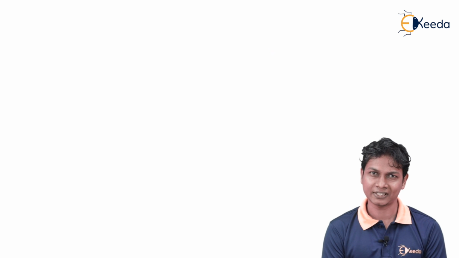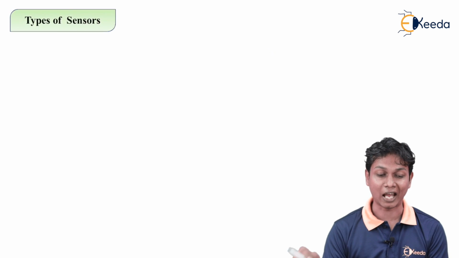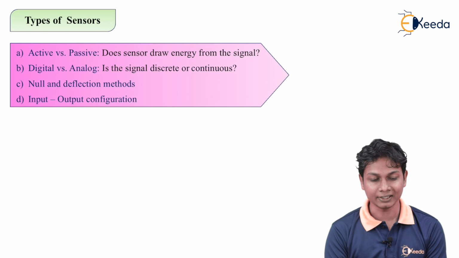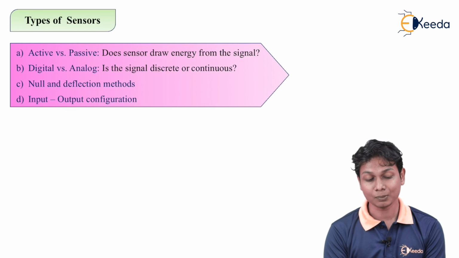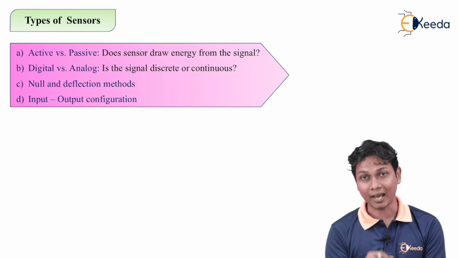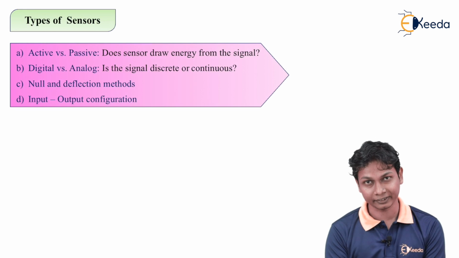Now, the types of sensors depend upon those characteristics. We have already seen the characteristics of a sensor, and now it is time to see the types of a sensor. There are various types, depending upon various parameters and characteristics.